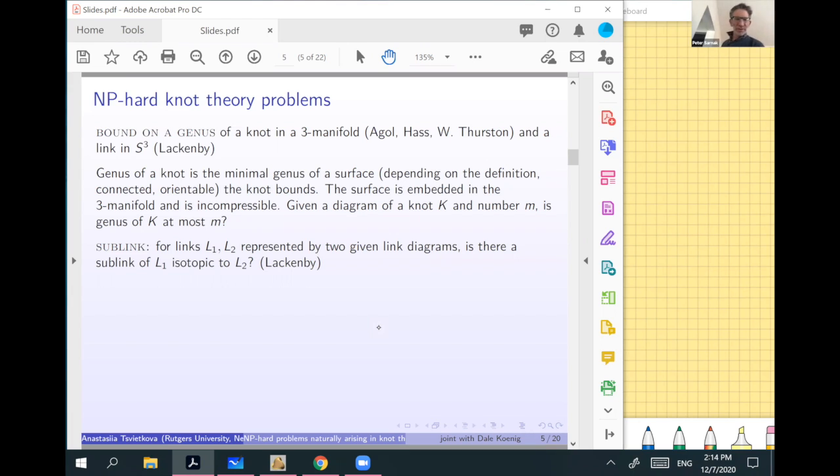Can you say one word about what complexity problem this gets reduced to show the hardness? Sublink? Any one of them, yeah. Let me remember. I think, if I remember correctly, for the bound on a genus it is SAT. So they construct a surface.